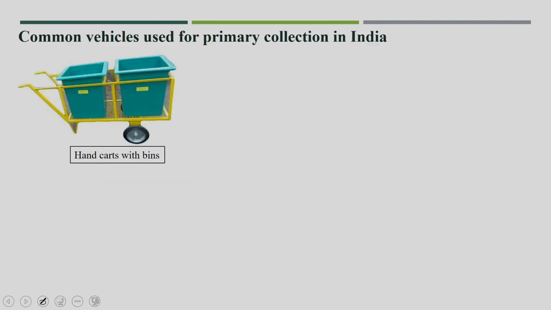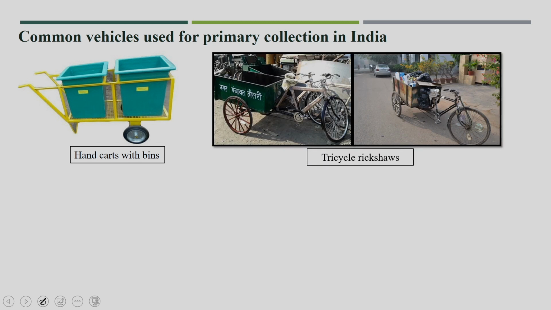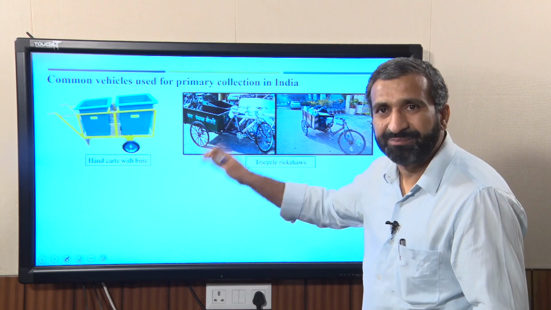Now there are different kinds of vehicles we are using for primary collection. You can see one hand cart with the bins, and a tricycle. This is a well known tricycle rickshaw. There are different kinds of tricycle rickshaw, and in a rickshaw itself we can have different parts where dry waste and wet waste can be collected separately.